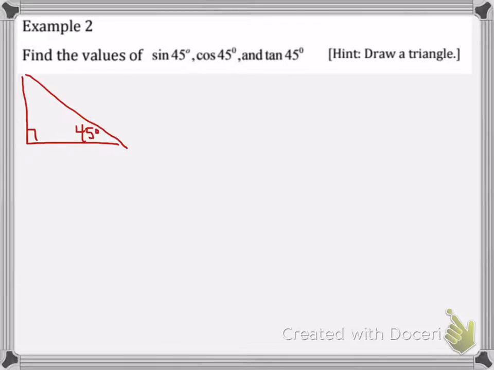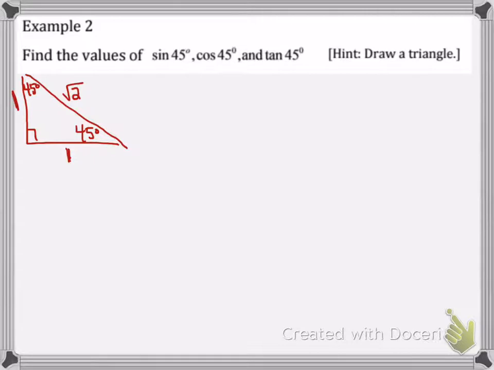Now, it does not matter where you decide to put your 45, because we know that the other angle has to be 45, because every triangle adds up to 180 degrees. Now, why don't we deal with the most basic 45, 45, 90 triangle relationship? So that means each of the legs are 1. Remember, the legs always have to be the same unit, which would make the hypotenuse be the square root of 2.